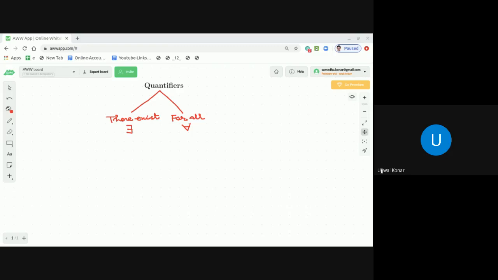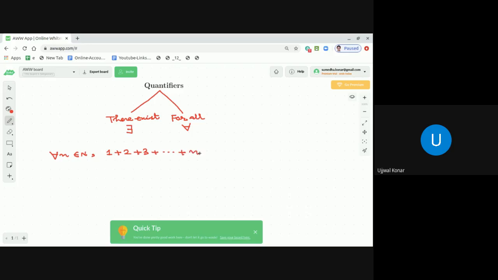So if you see, we say something like this: for all n belongs to the set of natural numbers, what we can write? 1 plus 2 plus 3 plus up to n is equal to, if you recall, n into n plus 1 by 2.